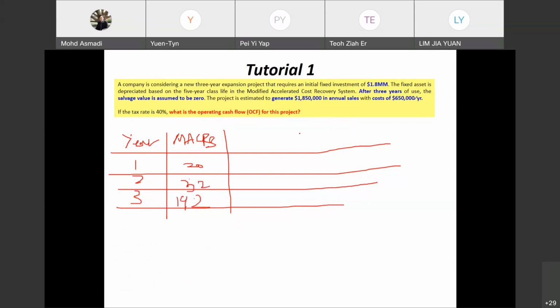So what is it? 1.8, right? 1.8, 1,800 fixed investment. So this is times 1,000. So I just write 1,800.